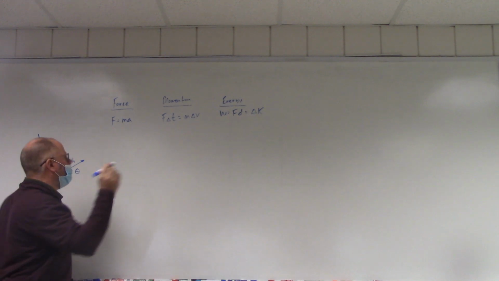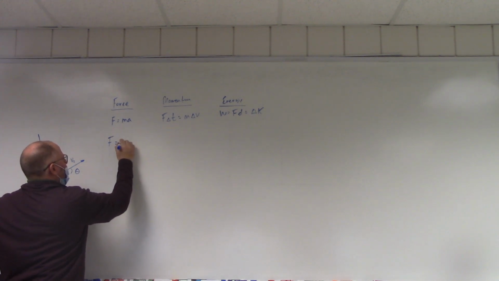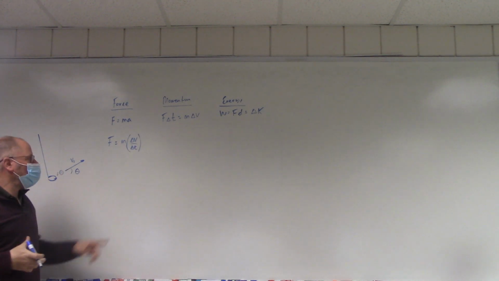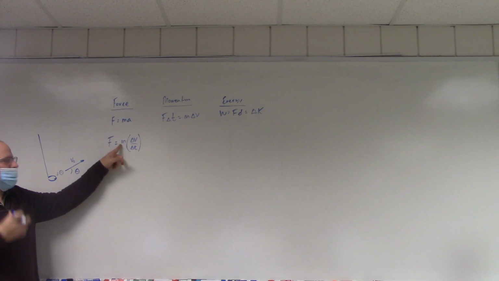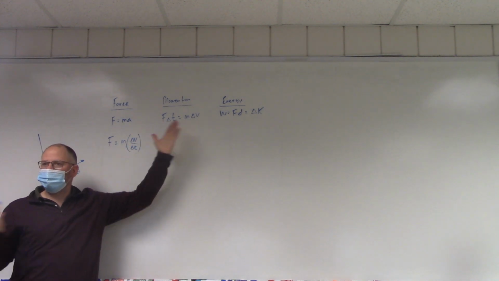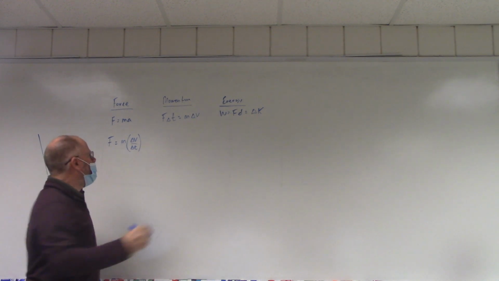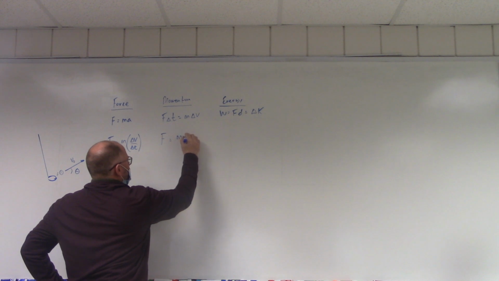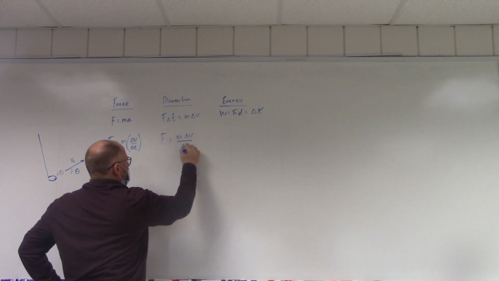What he said was, if I take my idea that acceleration is the change in velocity divided by the change in time, and I know the change in velocity, the change in time, and the mass, then I can get the force. But isn't that really just this equation here? So if I'm going to solve for force, I'm going to do mass times change in velocity divided by the change in time.